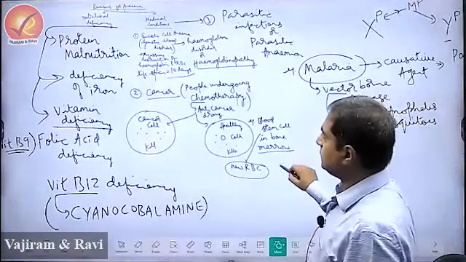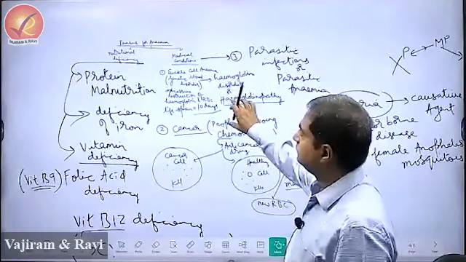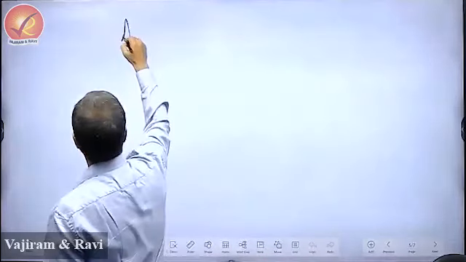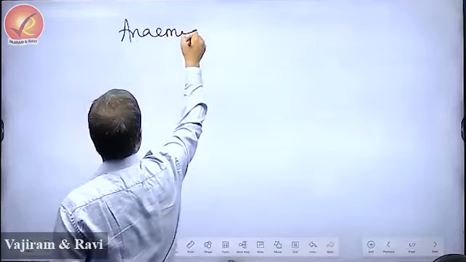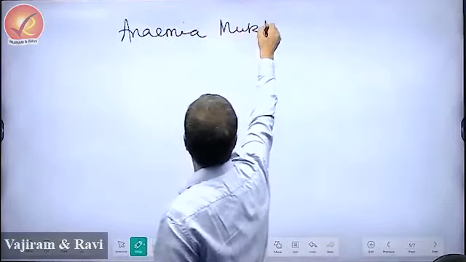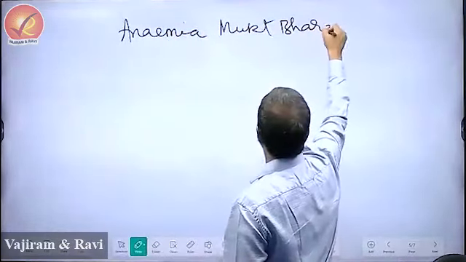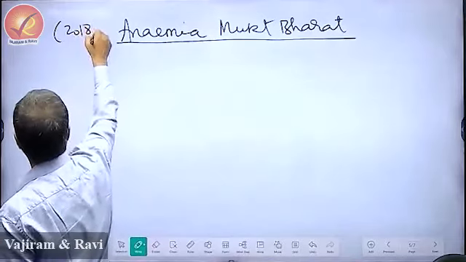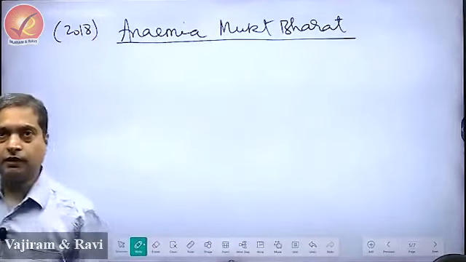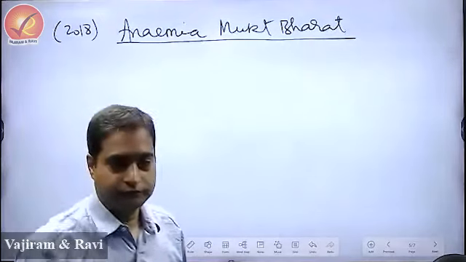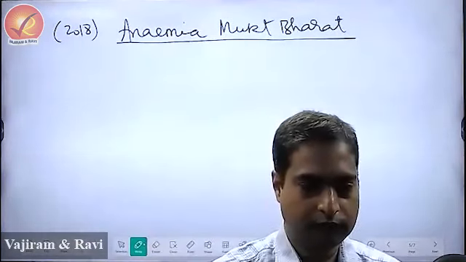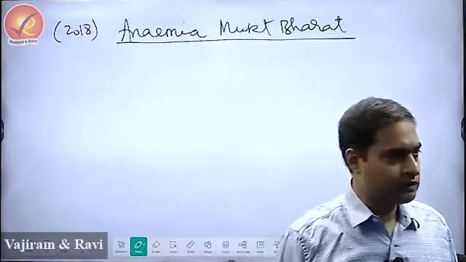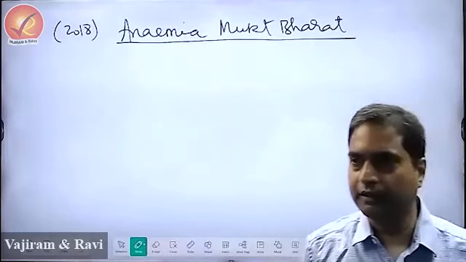Now, how to address this issue? So in the year 2018, the government launched Anemia Mukt Bharat Abhiyan. So these include intervention strategies to deal with anemia in India.